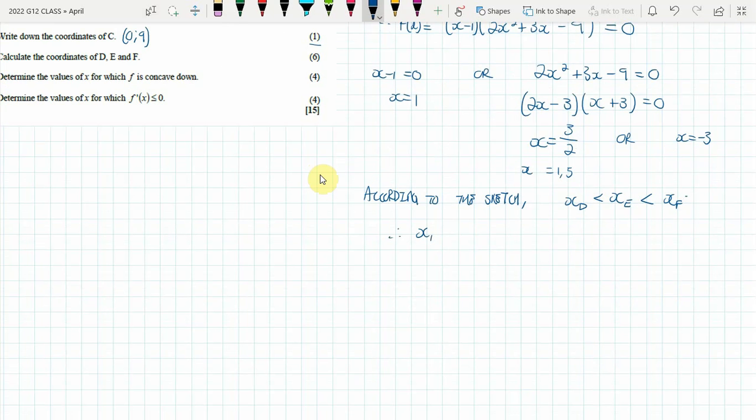So what's the x coordinate of D? Negative 3. Thank you. And the x coordinate of E? It's 1, 1.5. Yeah, we can write it anyhow. And then the x coordinate of F will be the remaining one, 1.